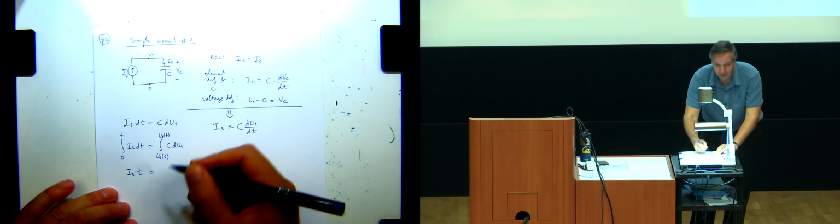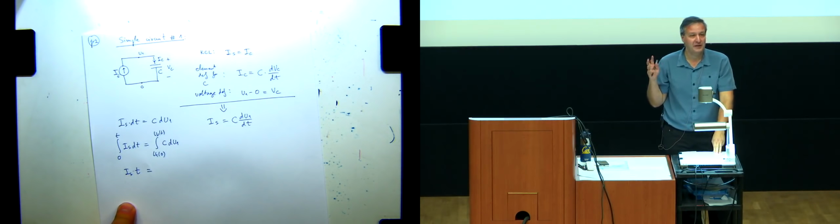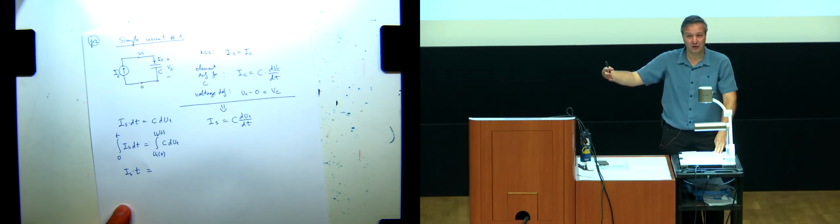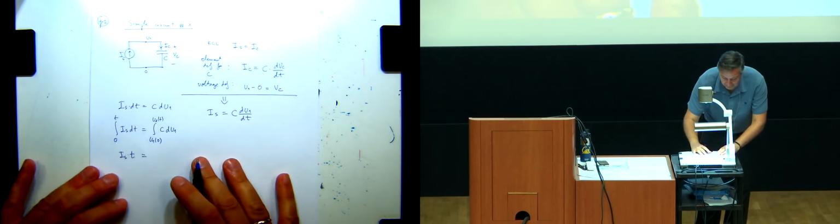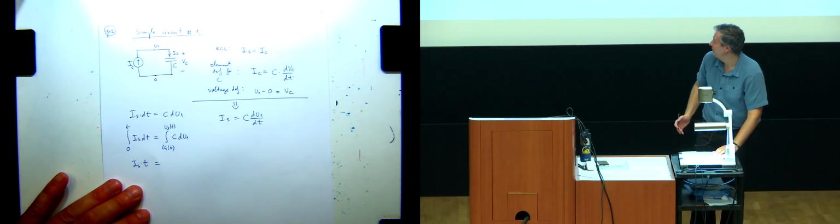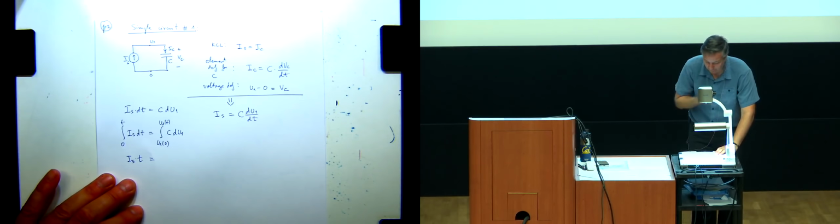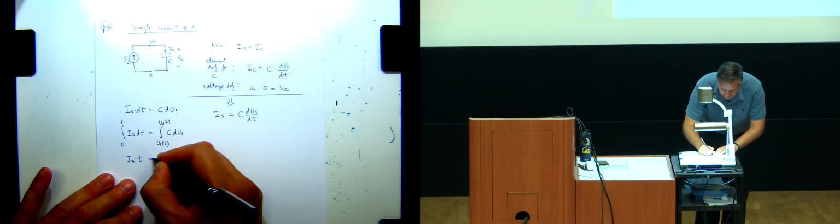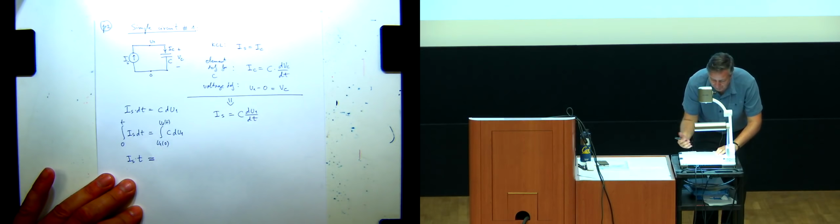Okay, so here you have to remember that we said C is not a function of capacitance, and it's also not a function of voltage, right? That was kind of our definition early on. That's not always the case, by the way, but in all that we're going to do, we'll warn you if it's not the case, but in all that we're going to do nominally, that's the case.